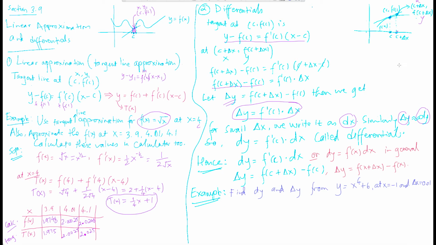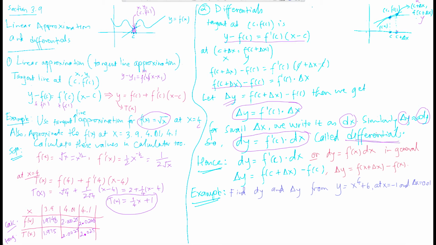We say the limiting condition, limiting position, meaning when delta x is close to 0, very small. At that time, we denote delta x by dx, and delta y by dy, okay? So this becomes dy equals f prime of c times dx. This is called differential, okay?